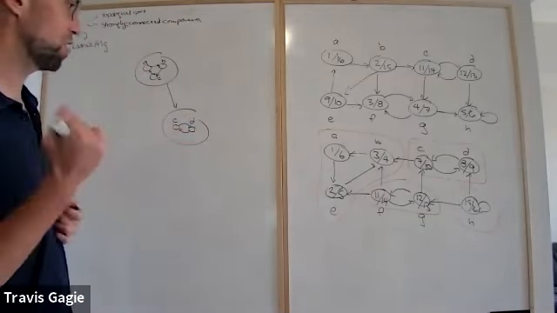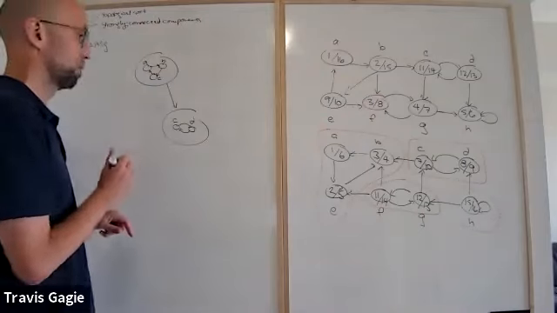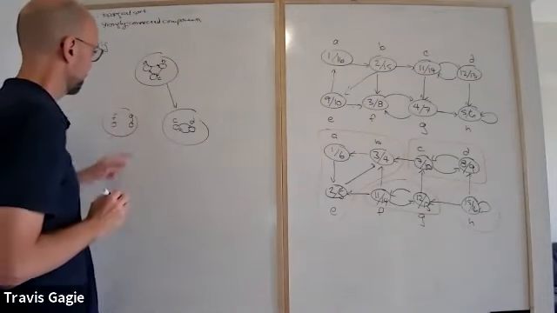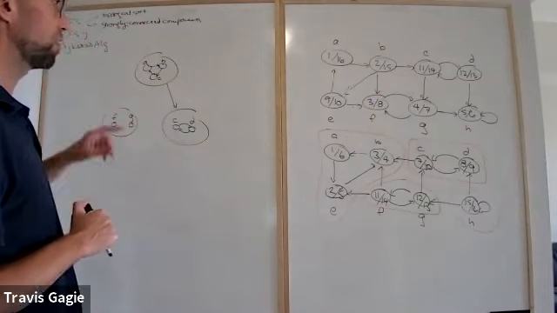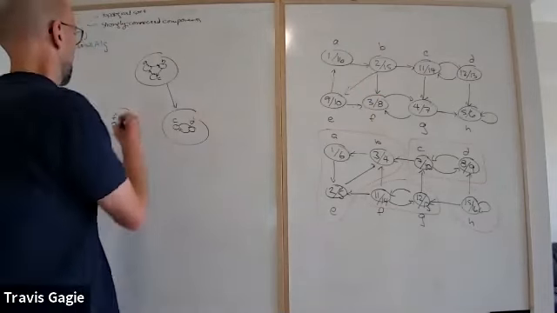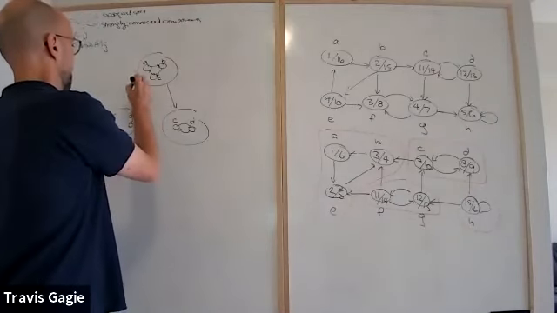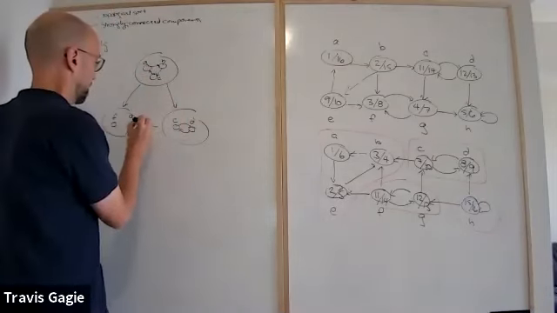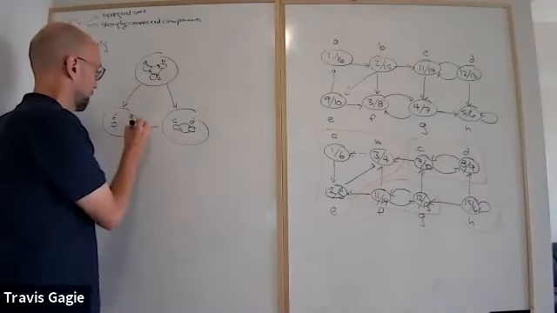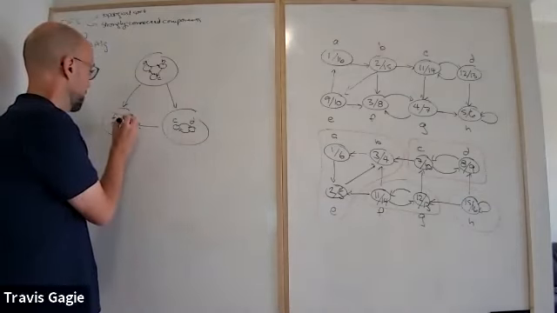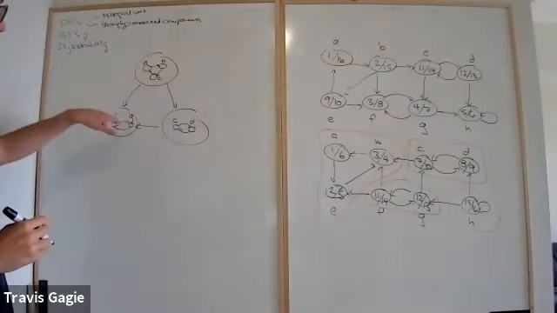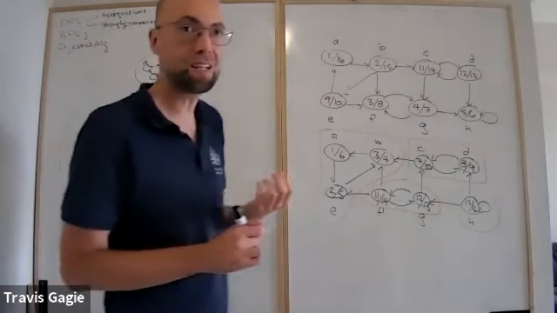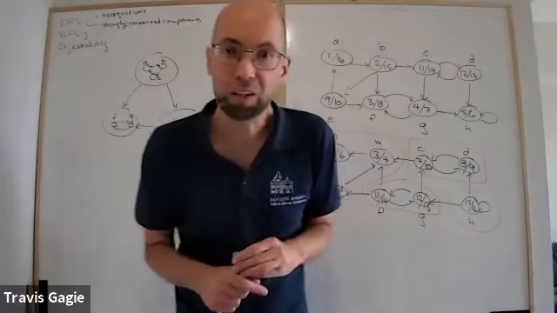Okay, so you have F and G. You can get to F and G. You can get from A, B, and C to F and G. You can get from C and D to F and G. But notice that you can't get from F and G back, because if you go from A, B, and C to F and G and then somehow you could get back to A, B, and C, then it would all be one strongly connected component.